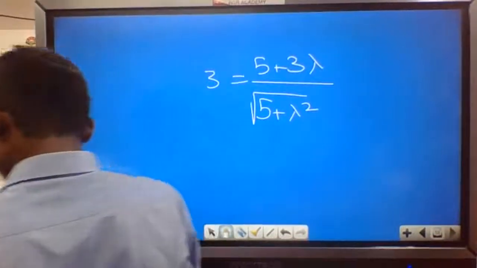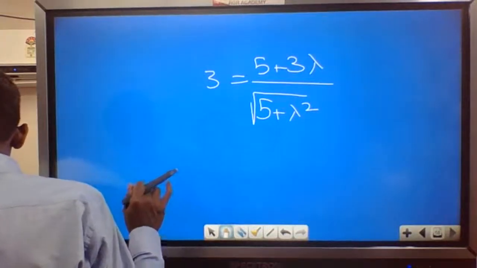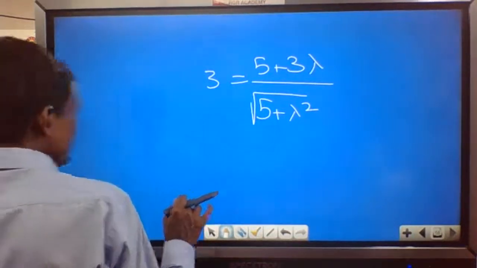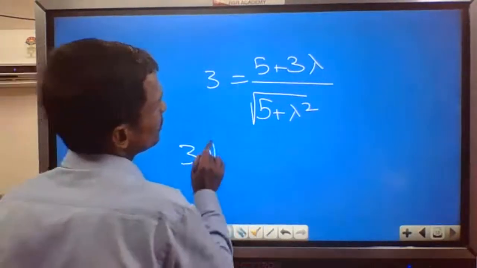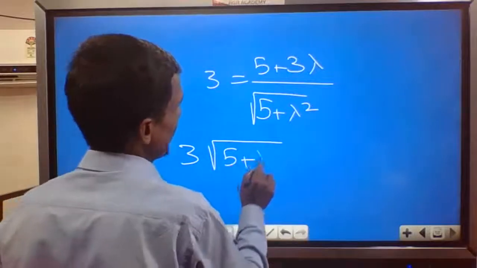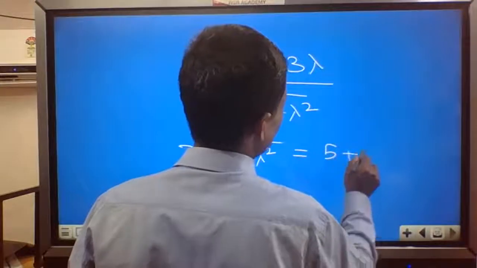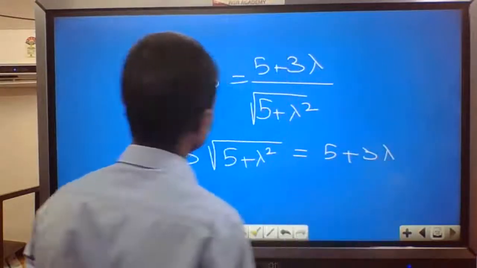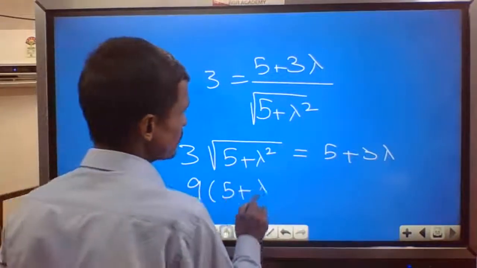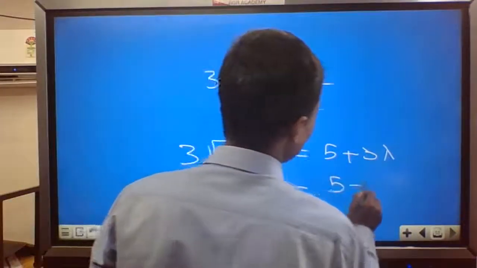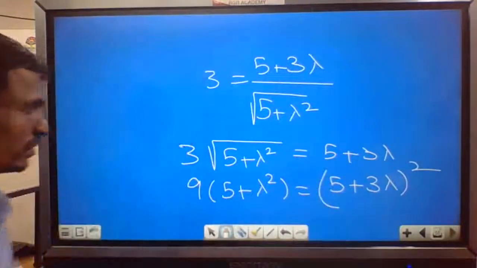And then 3 into root of 5 plus lambda squared equal to 5 plus 3 lambda. So 9 into 5 plus lambda squared equal to 5 plus 3 lambda whole square.